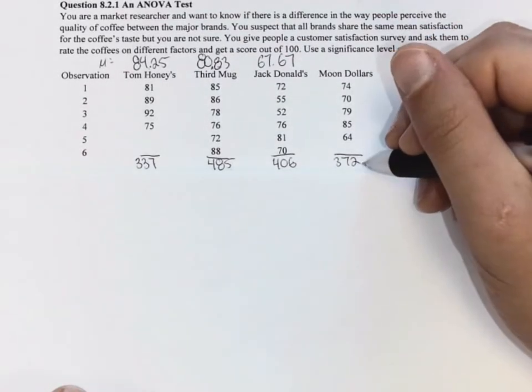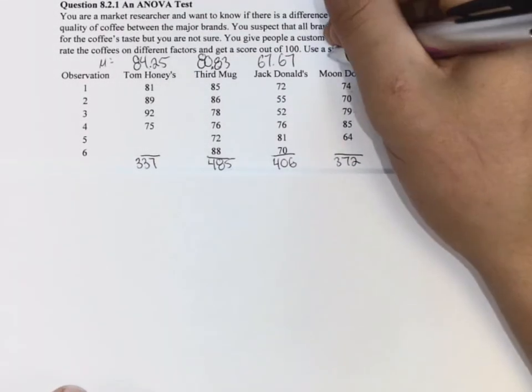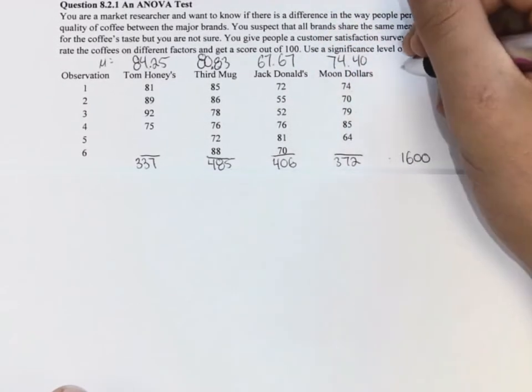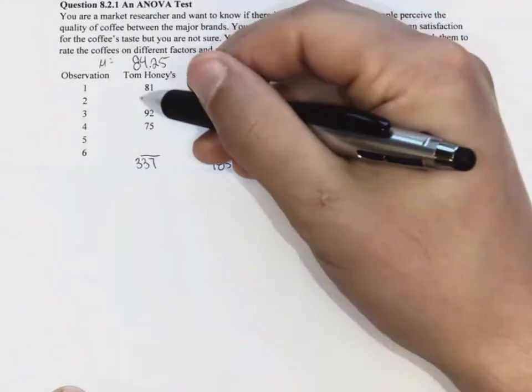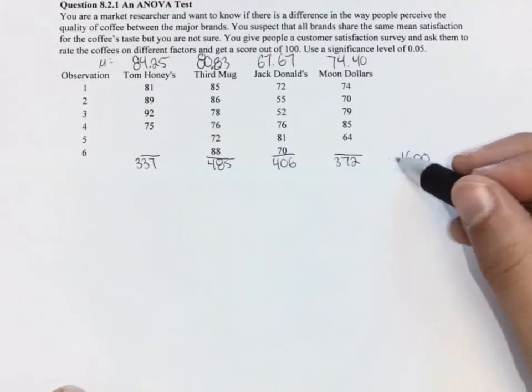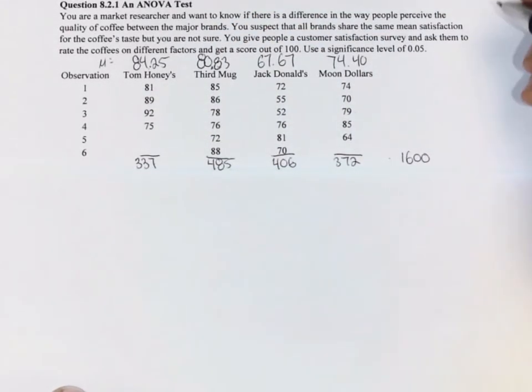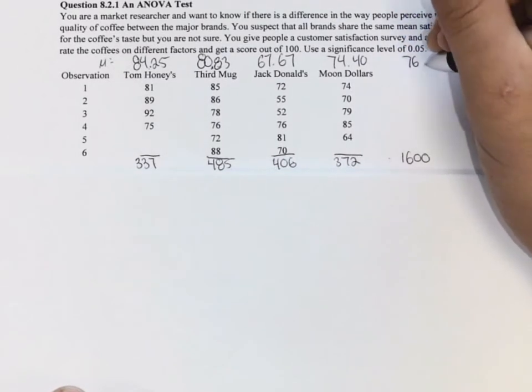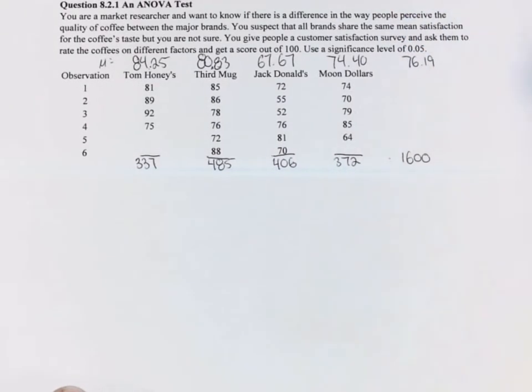And 372 and 5 observations, we have a mean of 74.40. And we have all of the observations 21 and all of the totals 1600. So we would get a grand mean of 76.19.